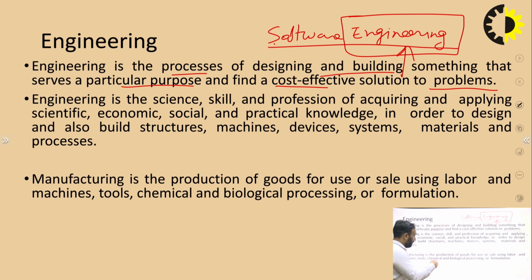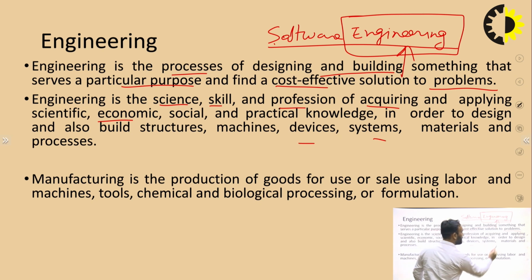In a more defined manner, engineering is the science, skill and profession of acquiring and applying scientific, economic, social and practical knowledge in order to design and build structures like machines, devices, systems, materials and processes, that work to solve the real life problems encountered by society or social groups.